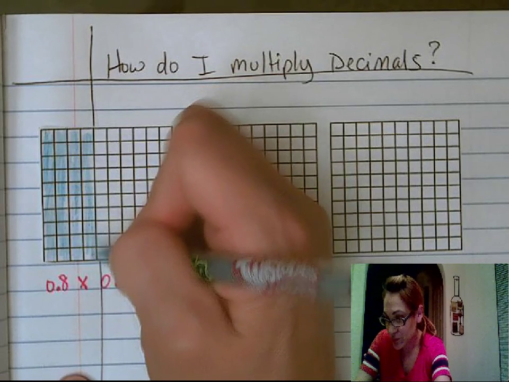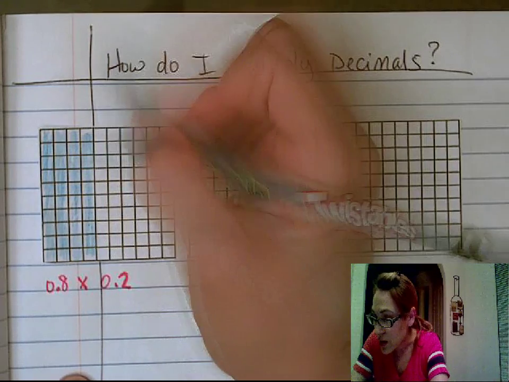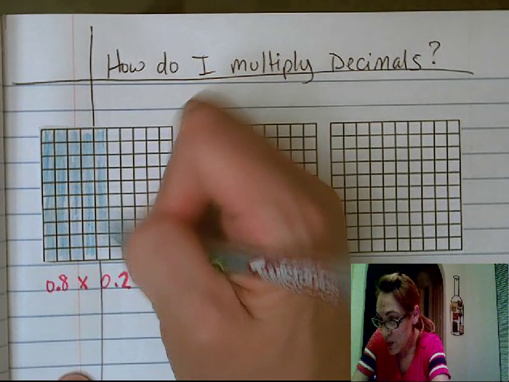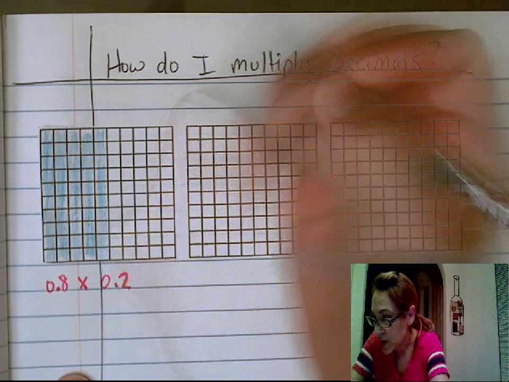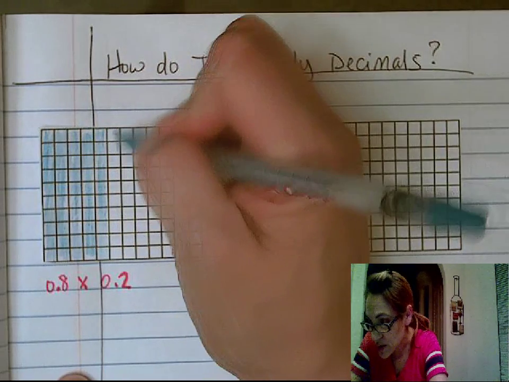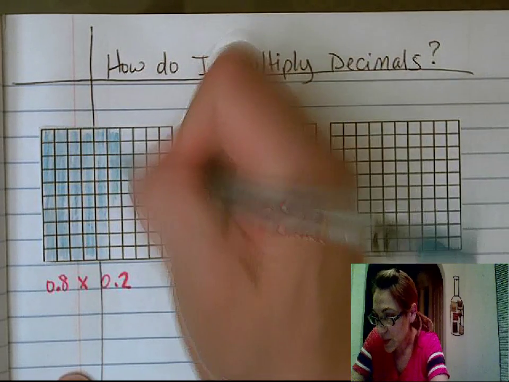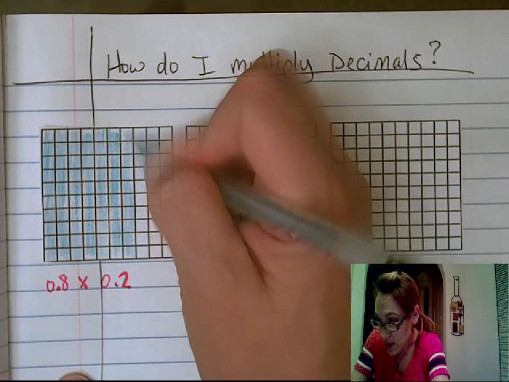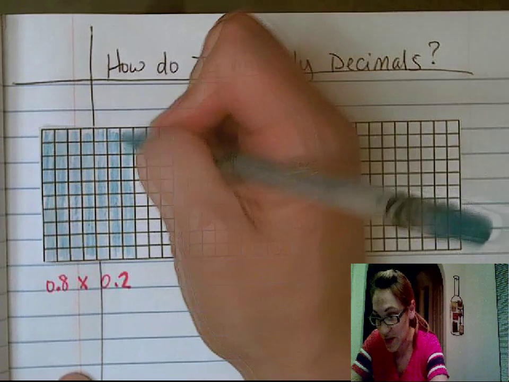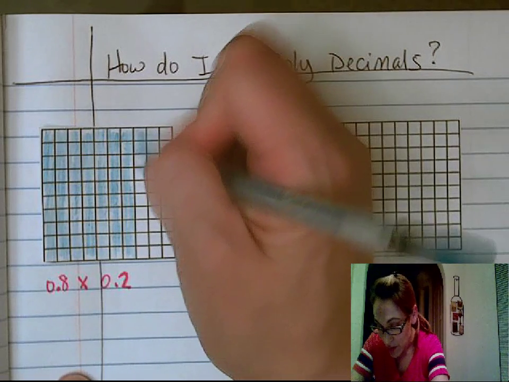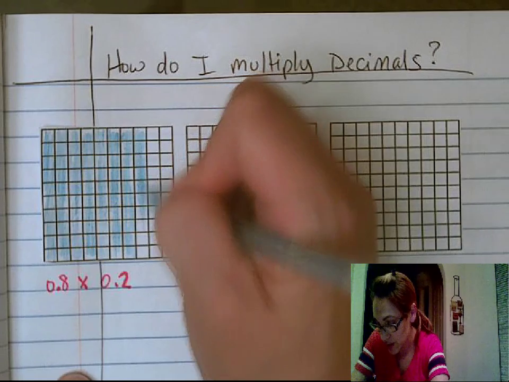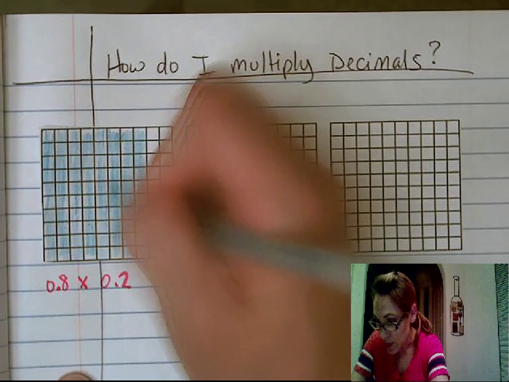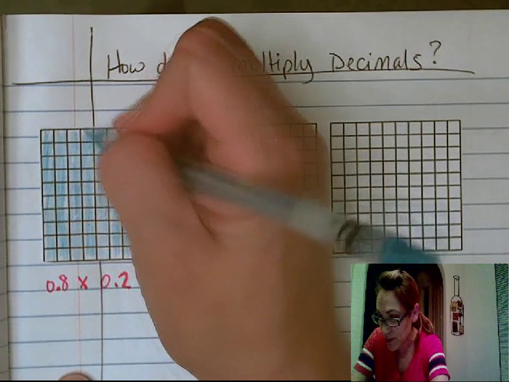Here's 4/10. 5/10. 6/10. 7. Okay, make sure you're shading that in, not jamming out to Meghan Trainor. Make sure you're getting this shaded in correctly. Alright, so we have 8/10 shaded in. Okay, so there's 8/10 there.